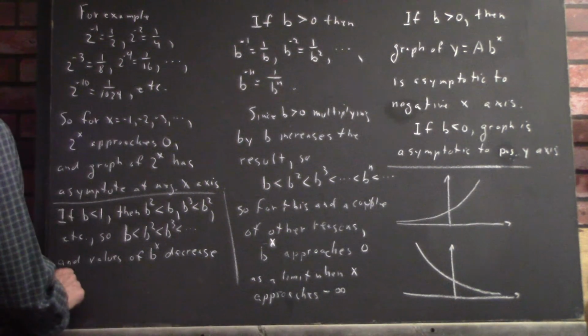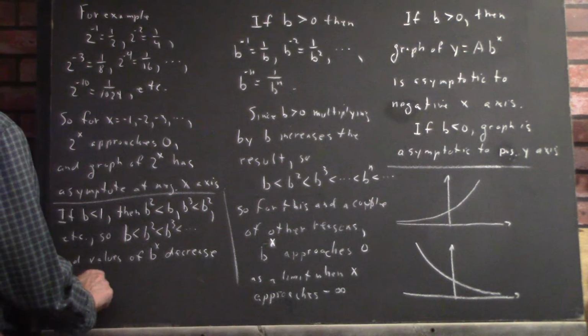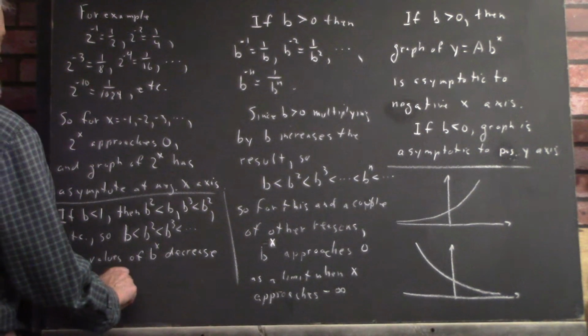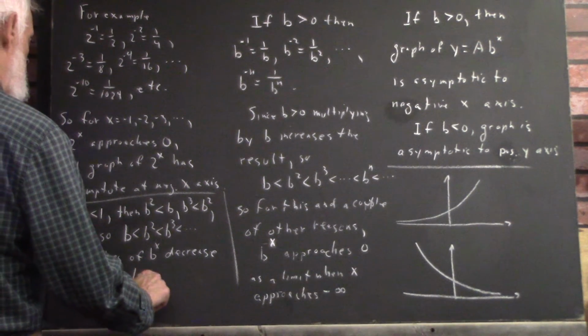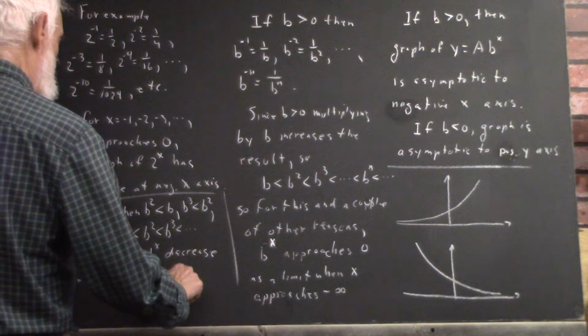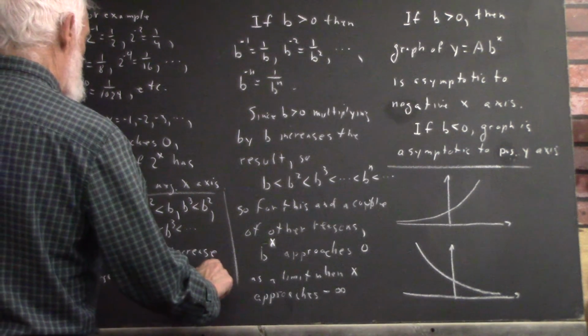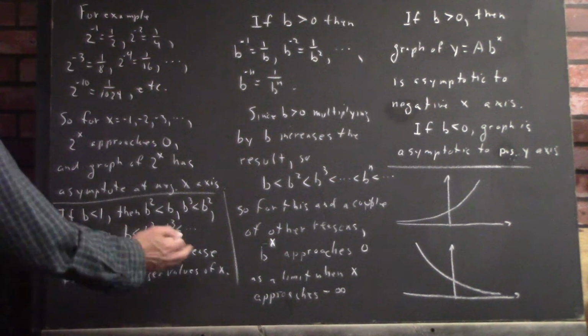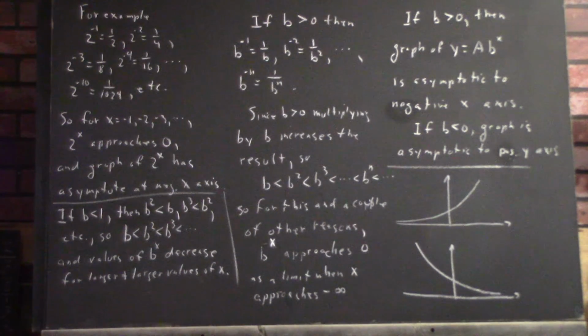So the values of b to the x decrease for larger and larger values of x.